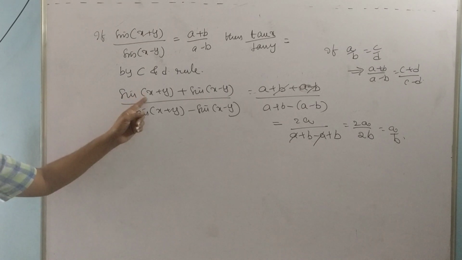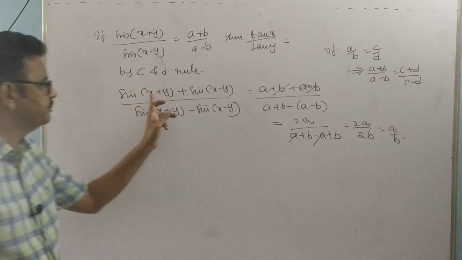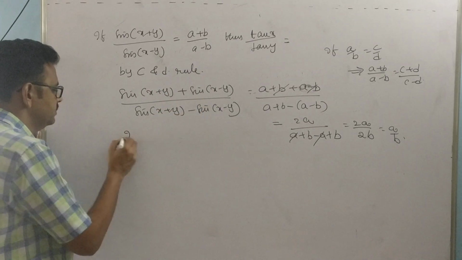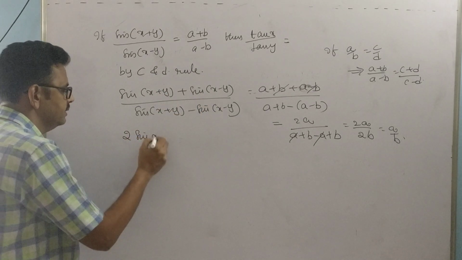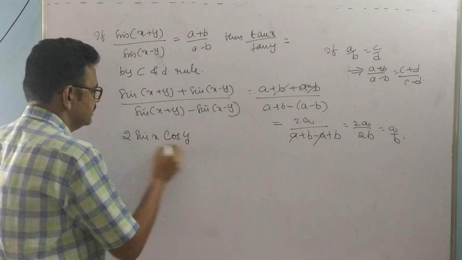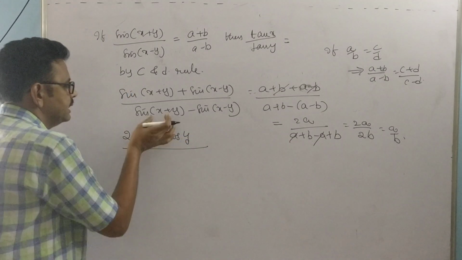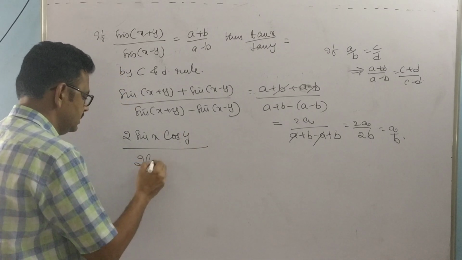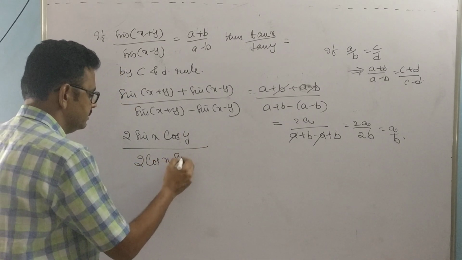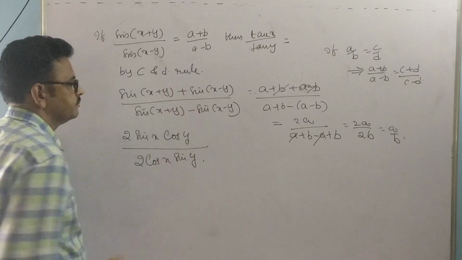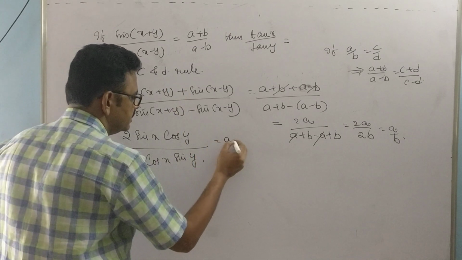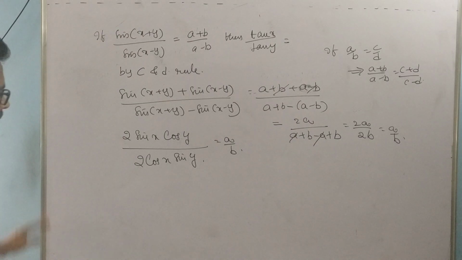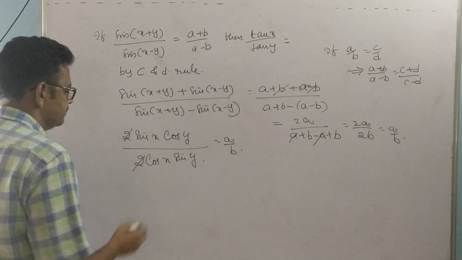Now this side: sin of (x plus y) plus sin of (x minus y) is equal to 2 sin x cos y, by sin of (x plus y) minus sin of (x minus y), which is 2 cos x sin y, is equal to a by b. So the 2s get cancelled.